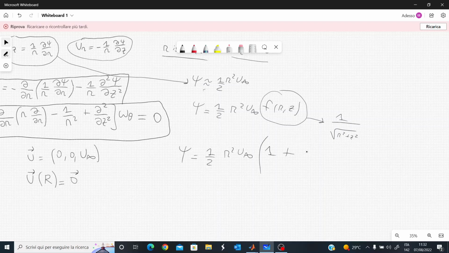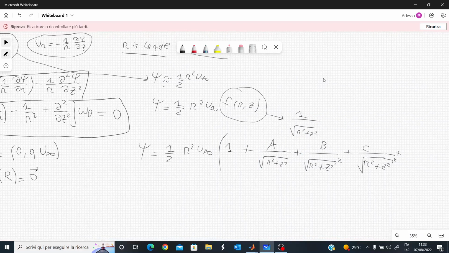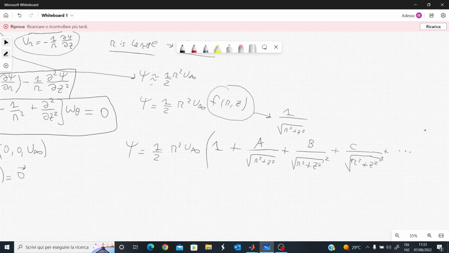So I'm going to rewrite it as some coefficient a divided by the square root of r squared plus z squared, then plus b divided by the square root of r squared plus z squared to the second power, which is just the square of the distance from the origin, plus c divided by the square root of r squared plus z squared to the third power, and in principle you have other terms, plus dot dot dot.